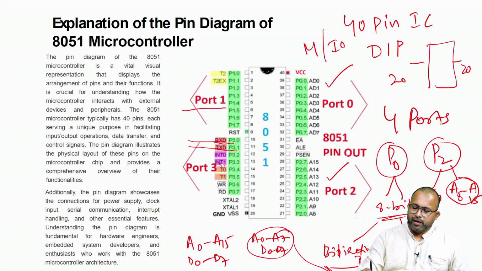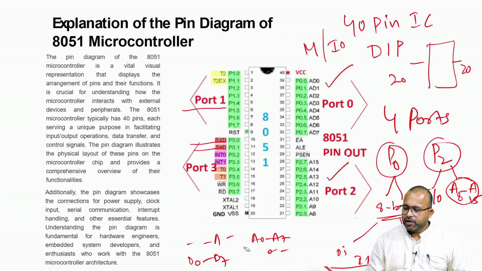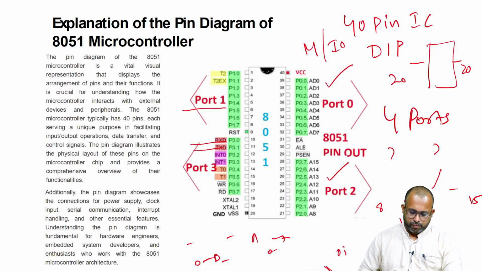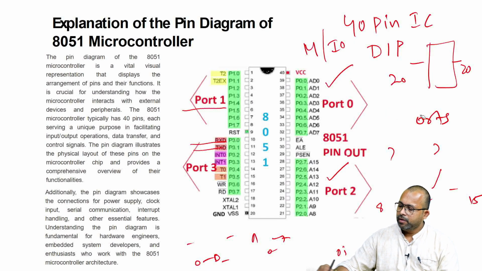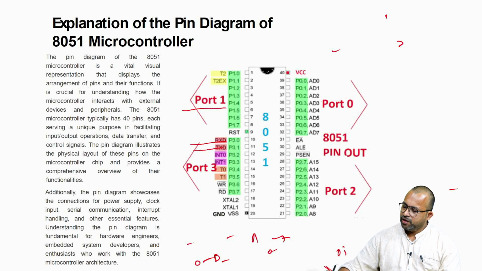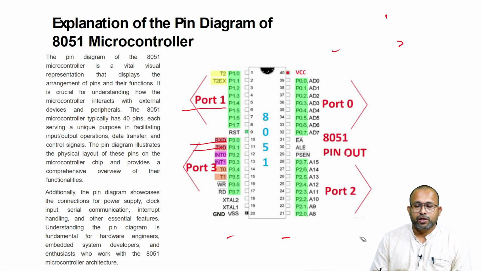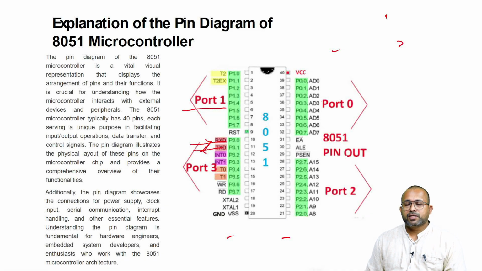Port 3.0 and port 3.1 are for serially receiving data and serially transmitting data. So 3.1 is used for serial transmission of data, and serial receiving data is taken at port 3.0.